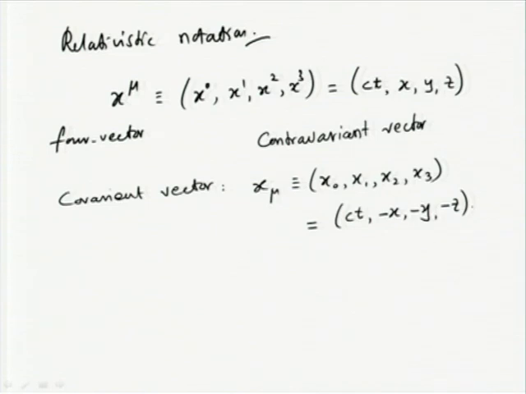So, between the upper index and lower index, x mu and x mu lower, there is a relative sign difference between the time coordinate and the spatial coordinates, and this is an important convention that we have to keep in mind. Now, this will become apparent why we are considering this when we consider, say, the dot product of 2 such vectors.